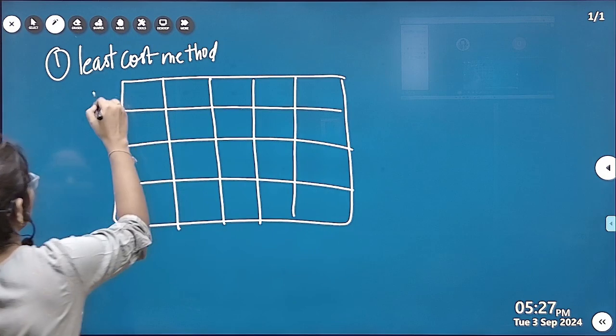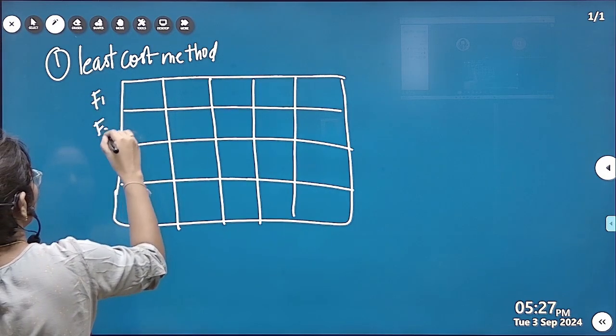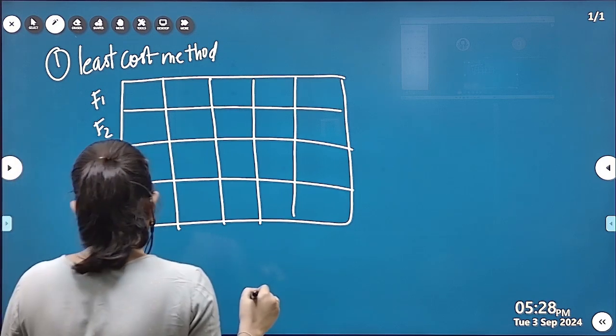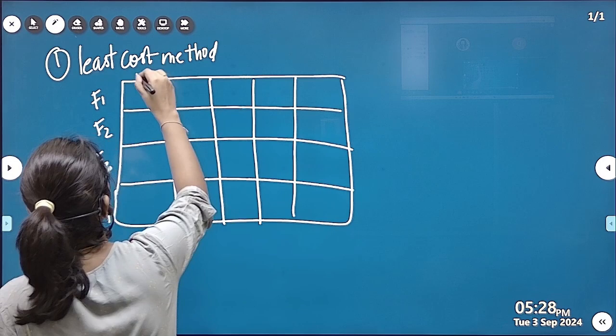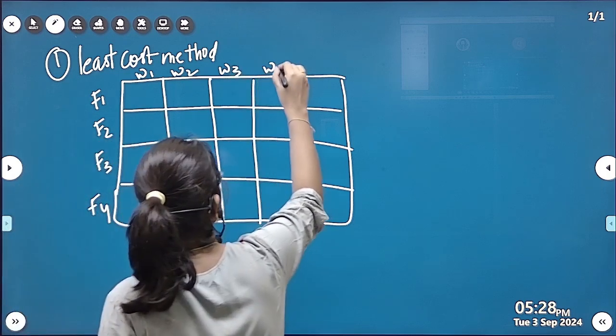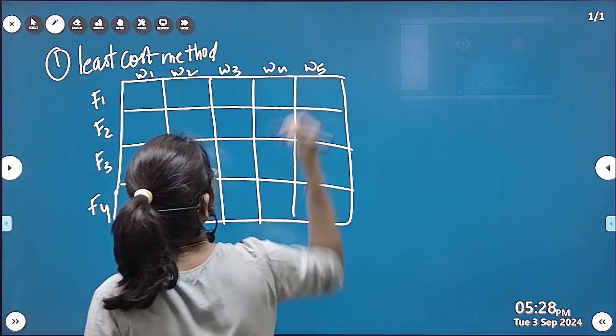And these are factory F1, F2, F3 and F4. And this is warehouse 1, 2, 3, 4 and 5.